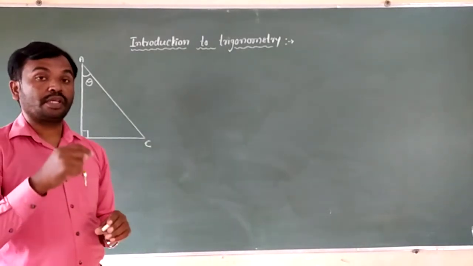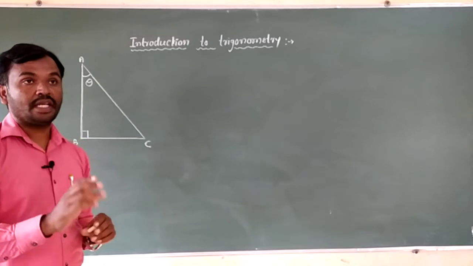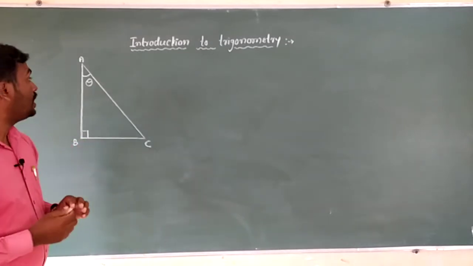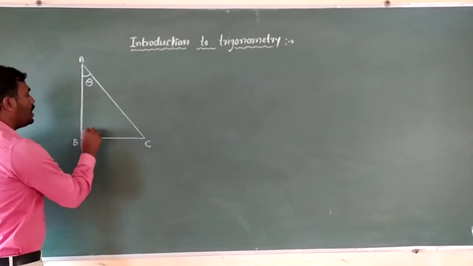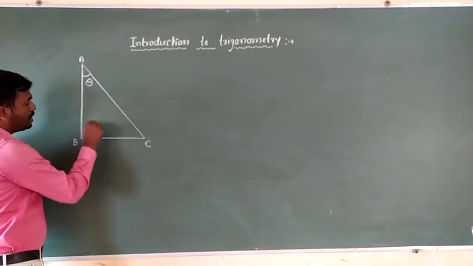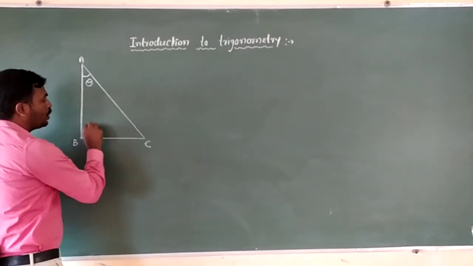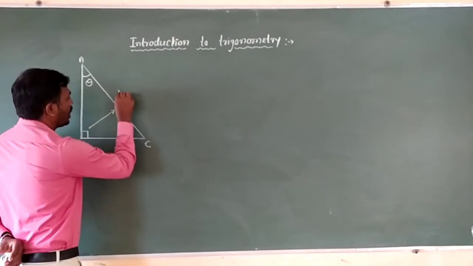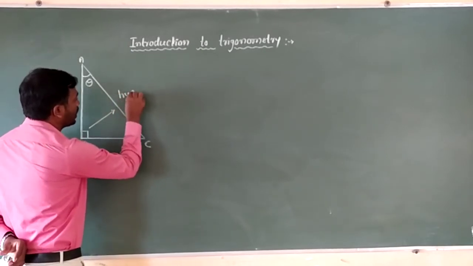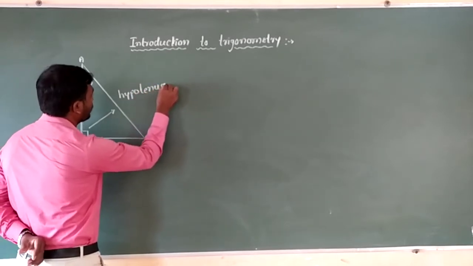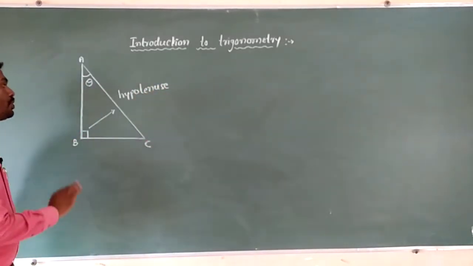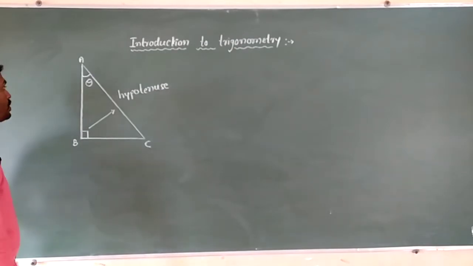Those are just names, nothing else. With reference to the angle, the side opposite to the right angle is always the hypotenuse.